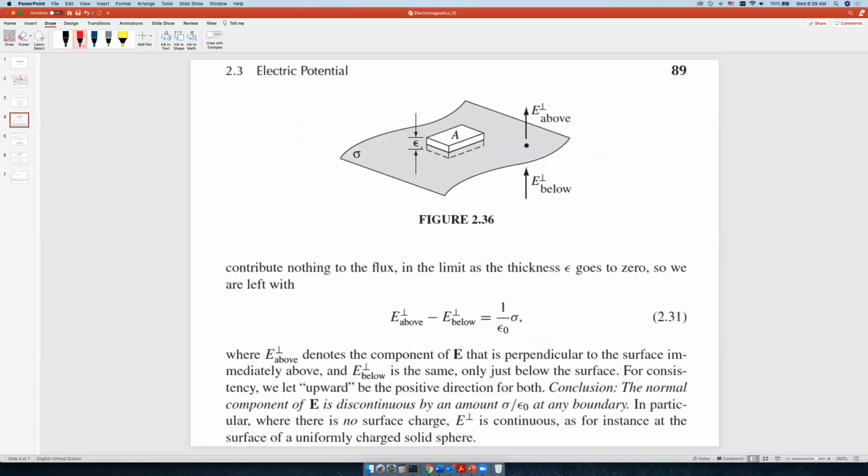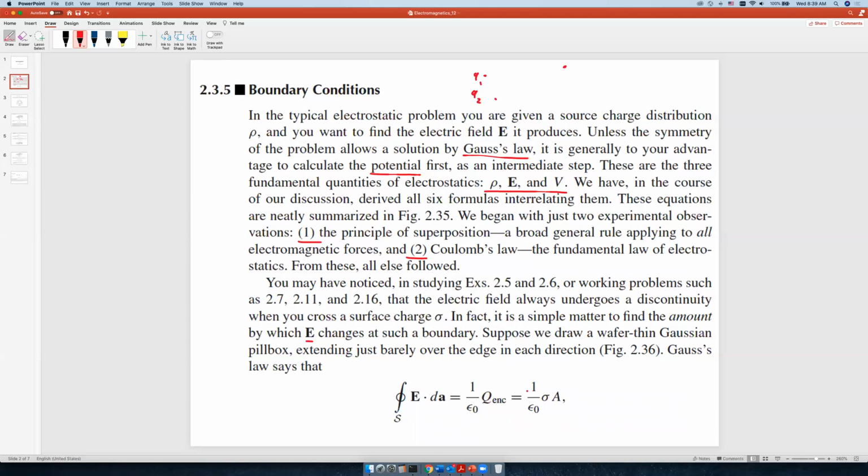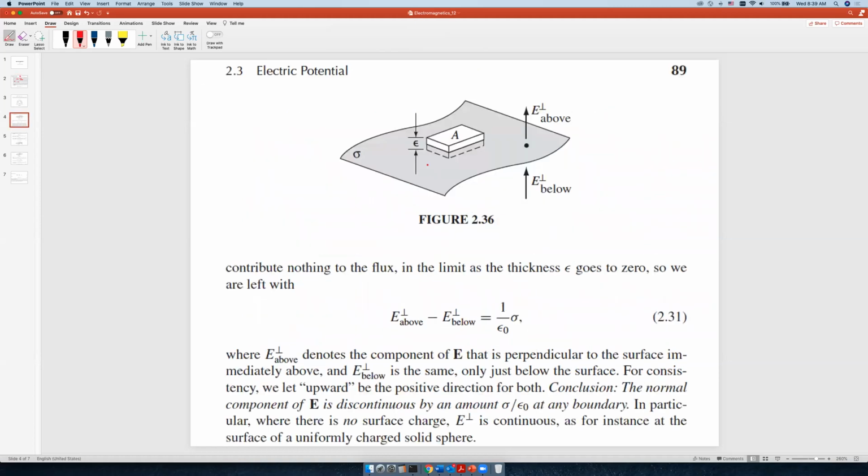In the figure, if you do the surface integral of the electric field over the entire surface of the pillbox, you get 1 over epsilon times sigma A. If the charge density is sigma, then sigma times the surface area A is the charge. So that's Gauss's law.